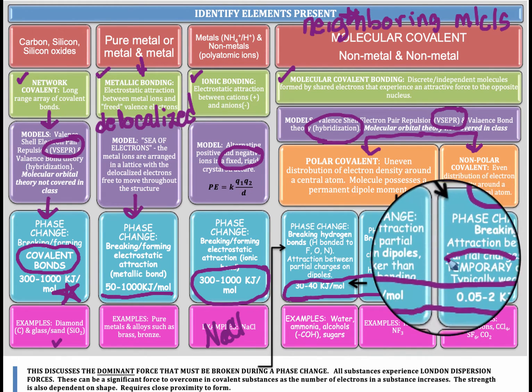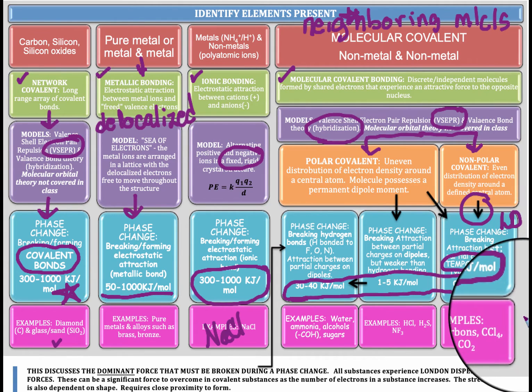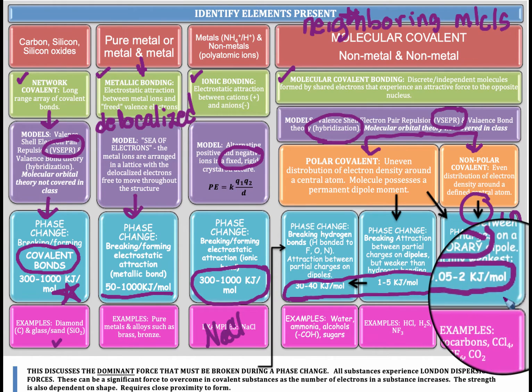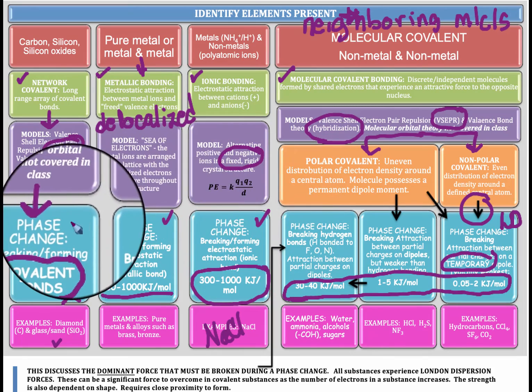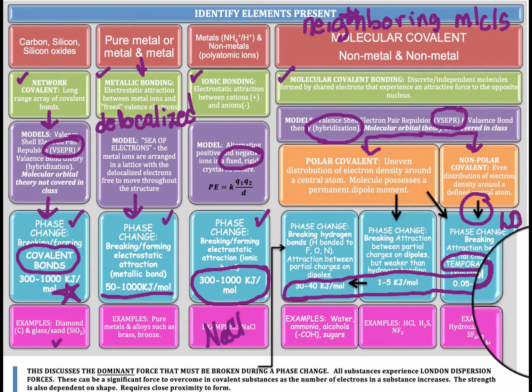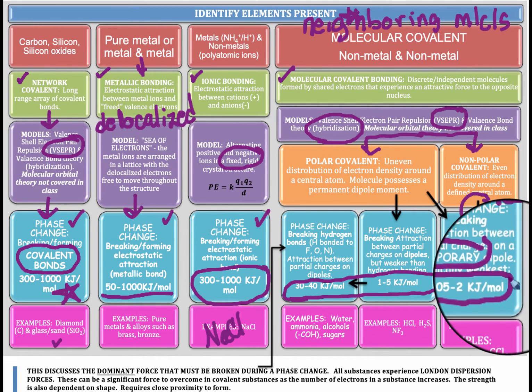London dispersion is a temporary intermolecular force, a temporary dipole-dipole. It is so small that even though it occurs in ionic, metallic, and network covalent, it doesn't even enter the conversation. It just will never be a real contributing force. We will always approximate it as zero and not really talk about it.